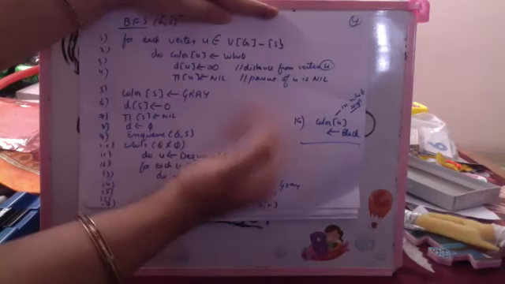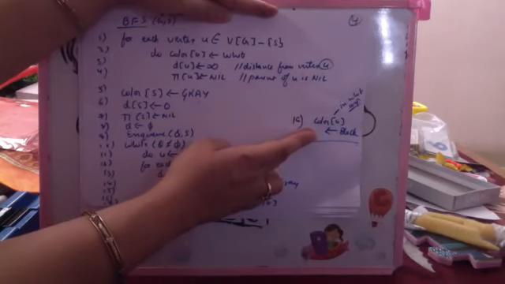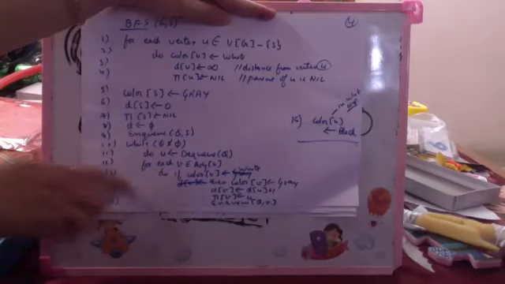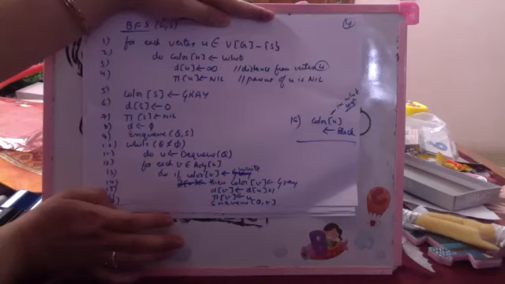And finally, after coming out from this loop, I will color the node u black which has been visited, and the process repeats till there is any node in the queue. Is the algorithm clear? Yes, ma'am.